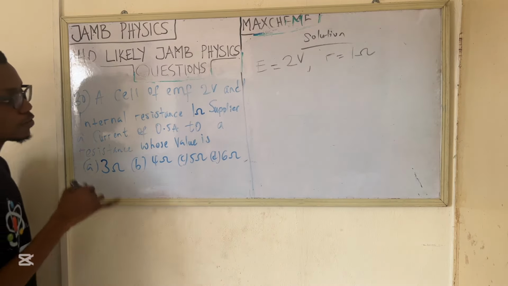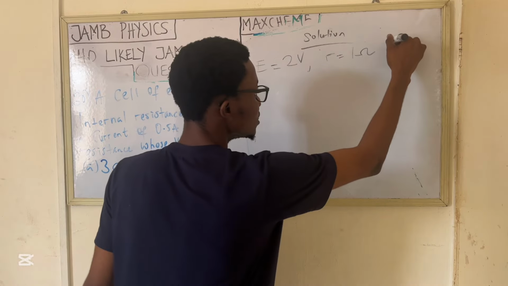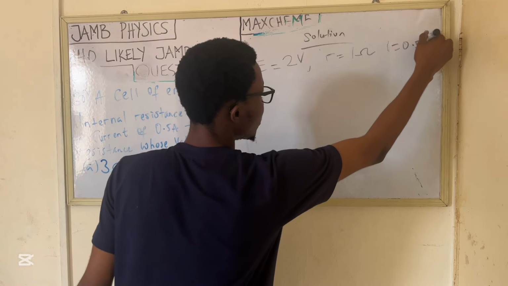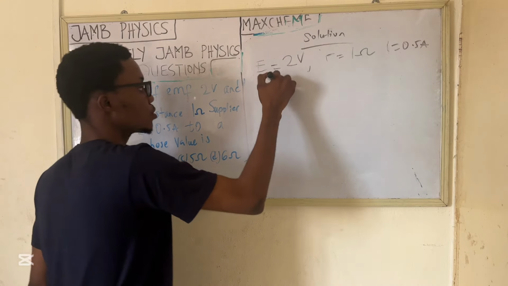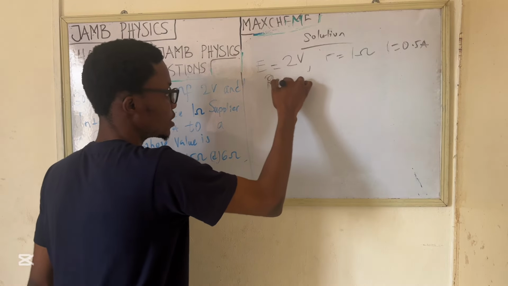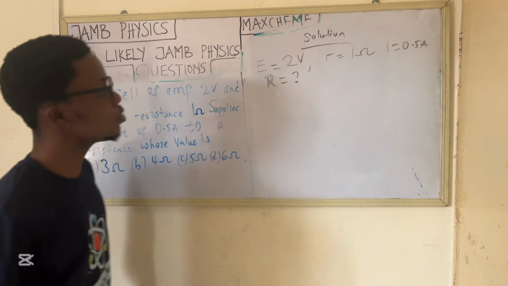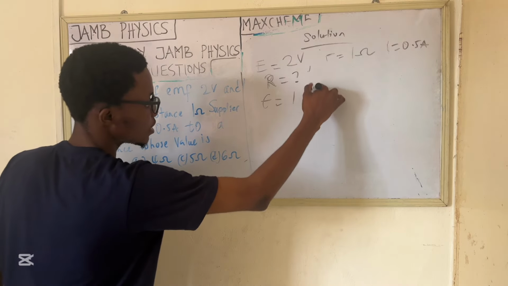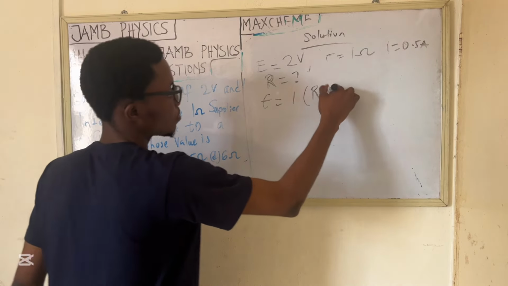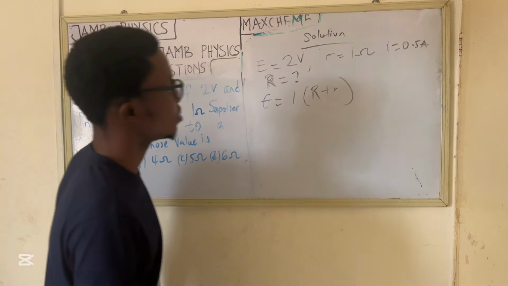It supplies a current of 0.5. That means I, which is the symbol for current, is 0.5 ampere to resistance. Now that's the total resistance, which will be our big R in this case. The formula we have to use here is E is equal to I, open bracket, our total resistance plus internal resistance.